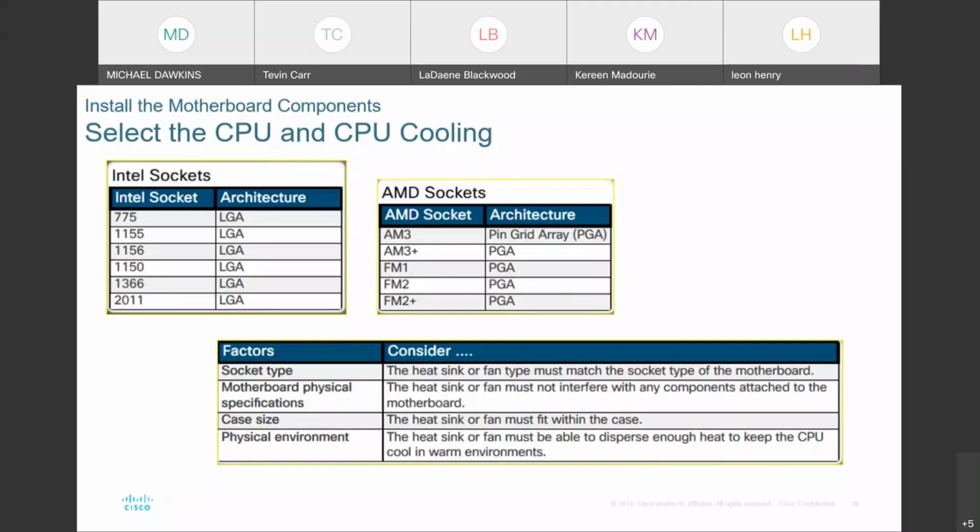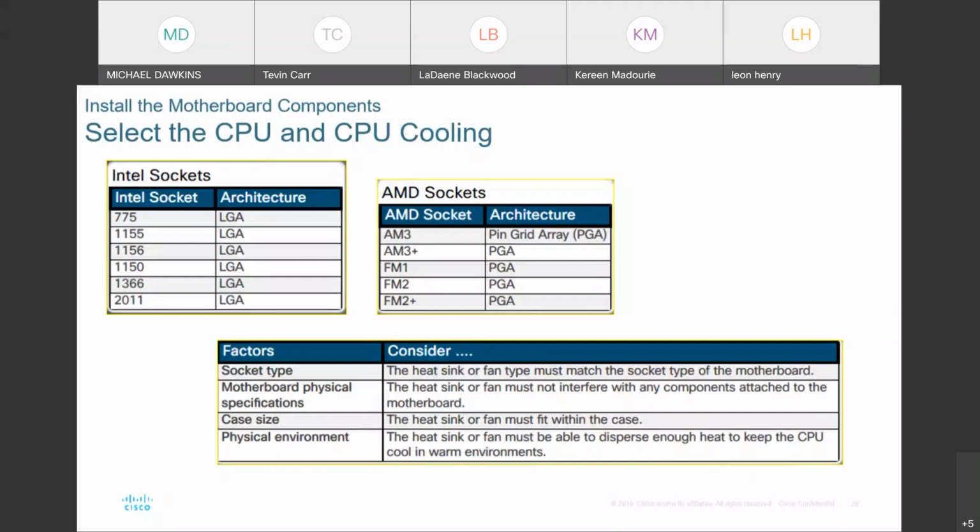Intel makes the CPU, and they have different models and different grades. They have the i3, the i5, the i7, and you have different generations of each. You have the Pentium Gold and so forth. Those are made by Intel, and the Intel architecture is LGA. Once you buy an Intel processor, you know that it is LGA, land grid array.